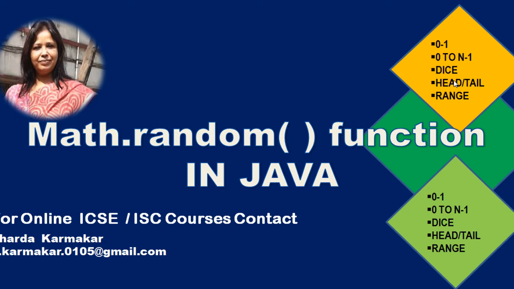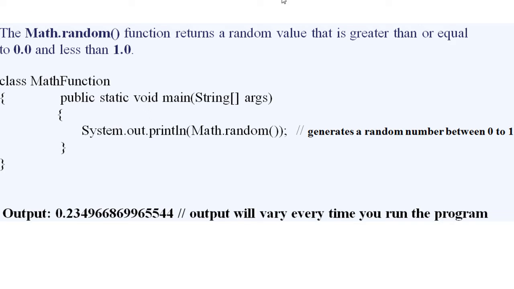Then for head and tail, that is 0 and 1, you can do so also with random function. Then if you want to get a number in between a range, that is 20 to 40 or any range, 90 to 100, you can do it with a random number. Now let us first see.